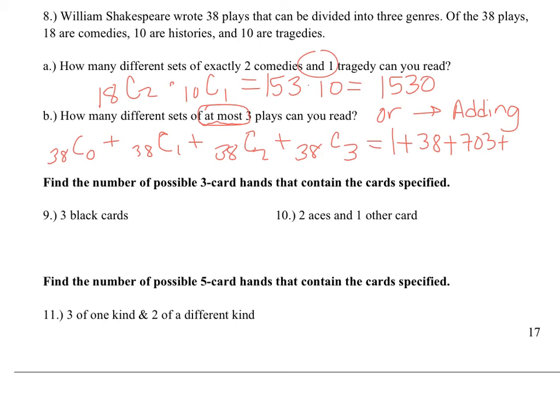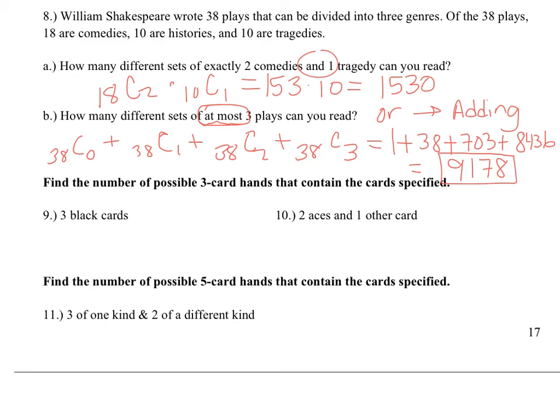And if we choose to read 3, there's 8,436 options for how that could happen. So if I add those all up, 1 plus 38 plus 703 plus 8,436, I get that there's 9,178 different ways that I could read at most 3 plays. And that's considering all the options. I could read none, 1, 2, or 3.